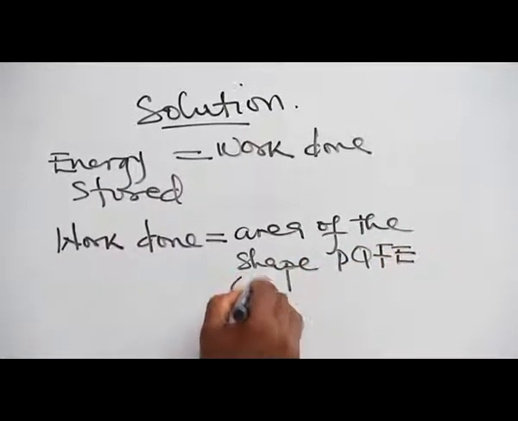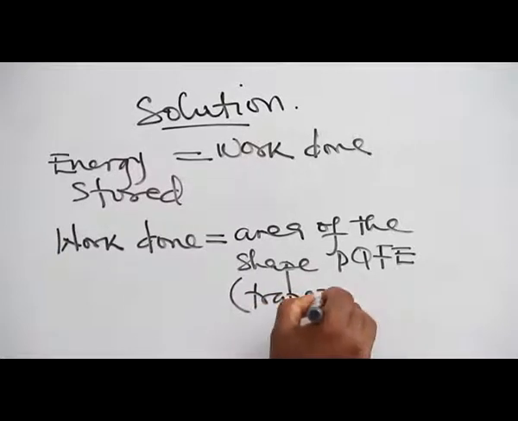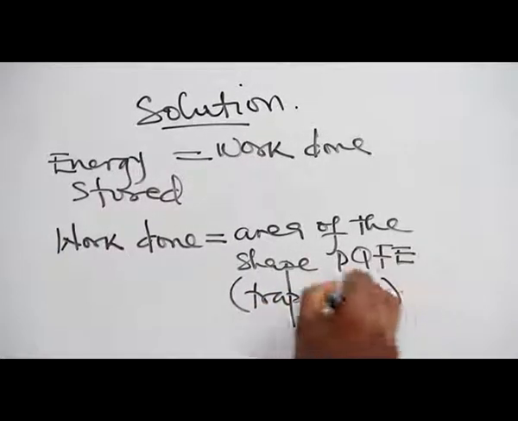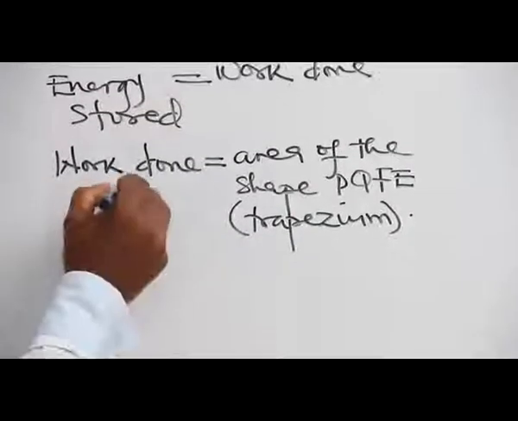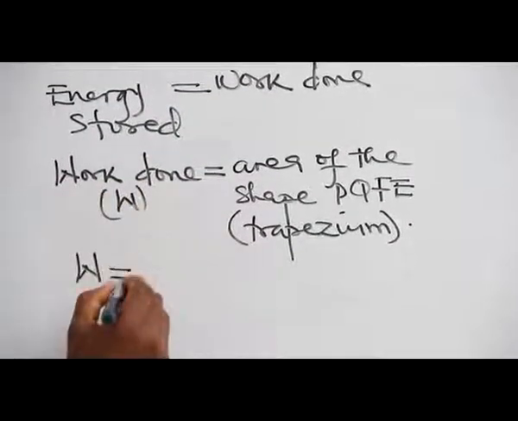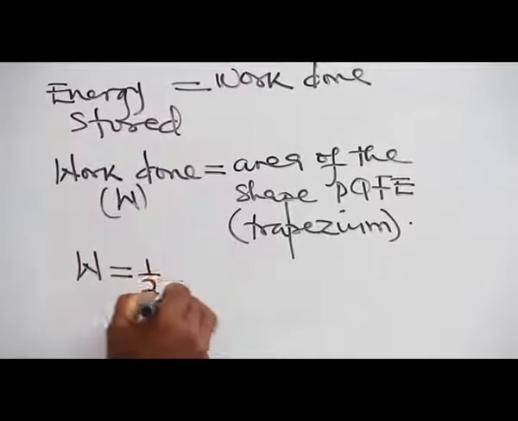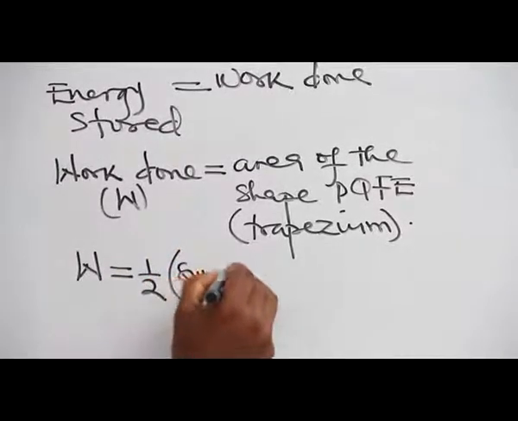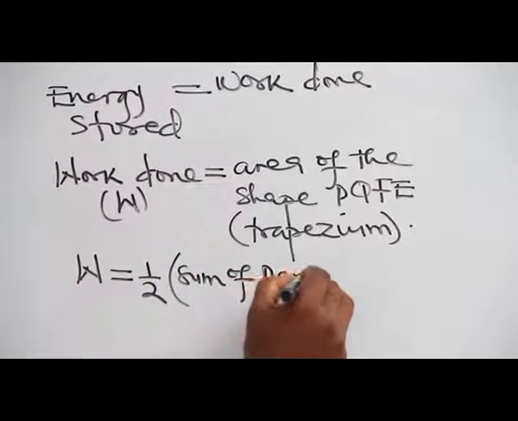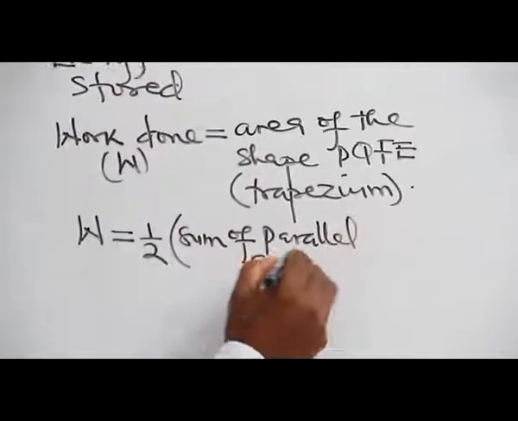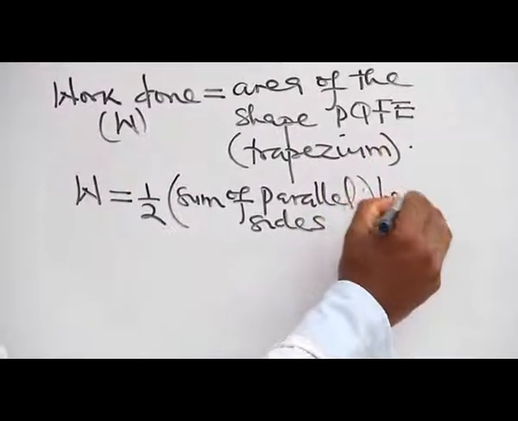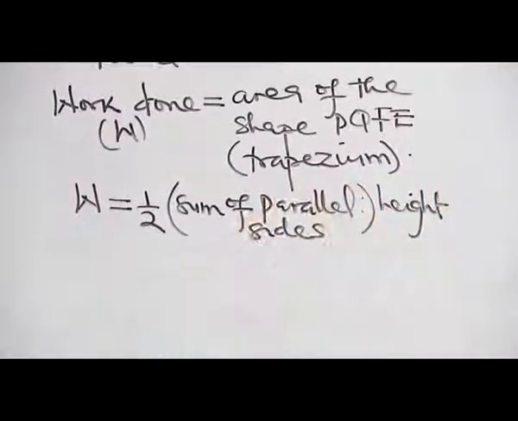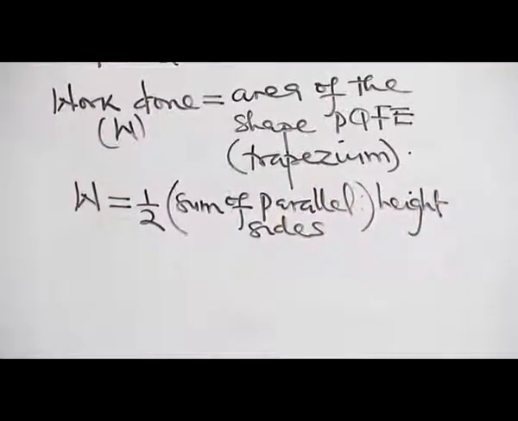That shape is that of a trapezium. Therefore, work done is equal to half the sum of the parallel sides times the height. That's the formula for finding the area of a trapezium.